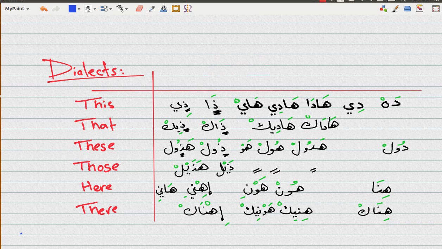Okay, in other countries, now I'm not saying that these are all the countries, but these are what I know. Now for that, if I'm going to use that in dialects, you might hear هداك, هديك, ذاك, ذيك. Okay, some dialects don't have the pronoun for far away, so this and that is exactly the same.